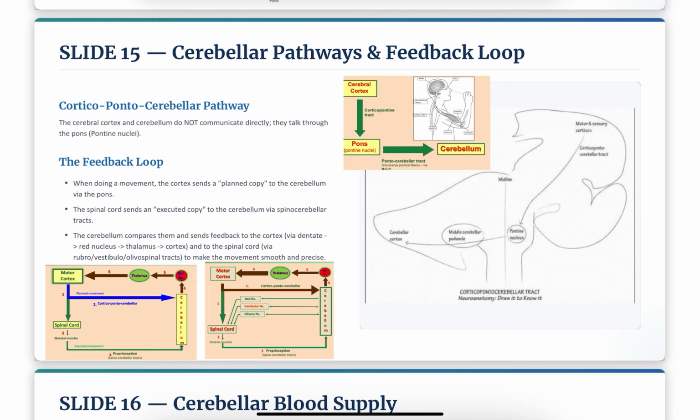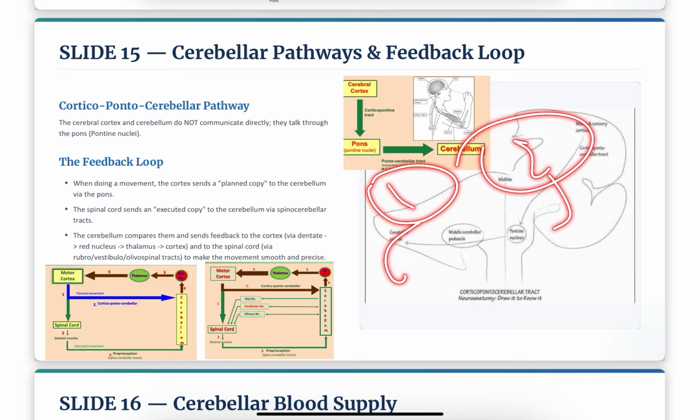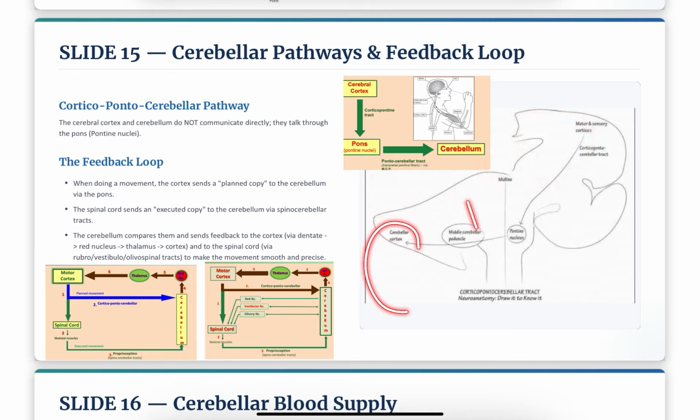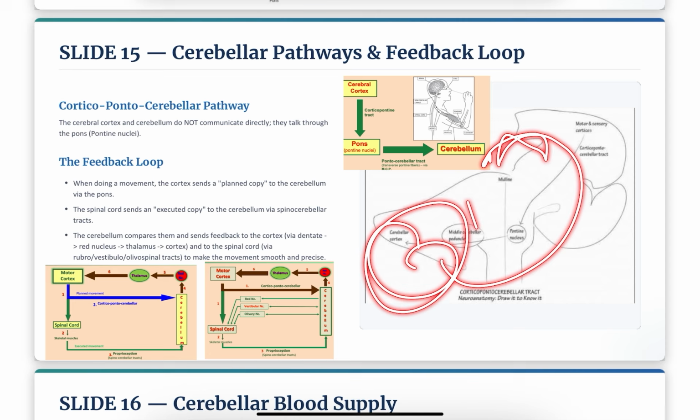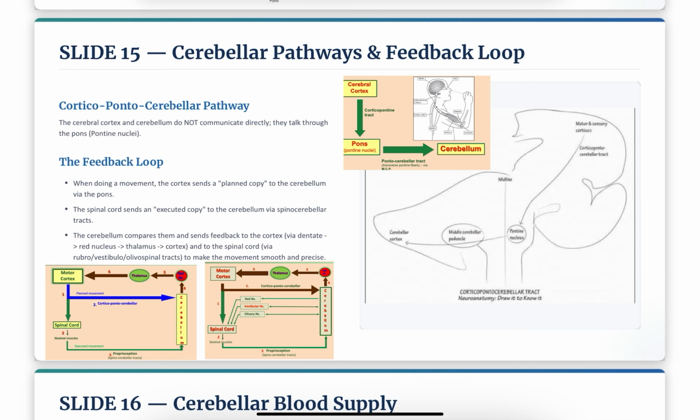The cerebellum compares these two, then sends feedback back to the cortex. Once it takes the information from the cerebral cortex and the spinal cord, it gives it back to the cerebral cortex, but in order to do so it goes through a pathway.